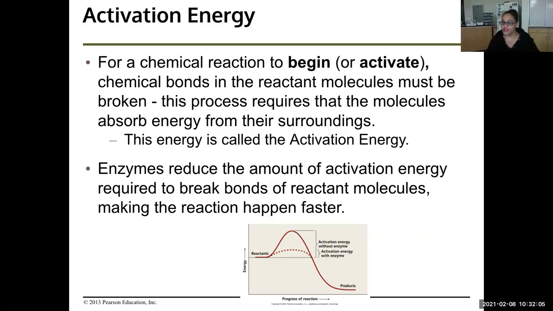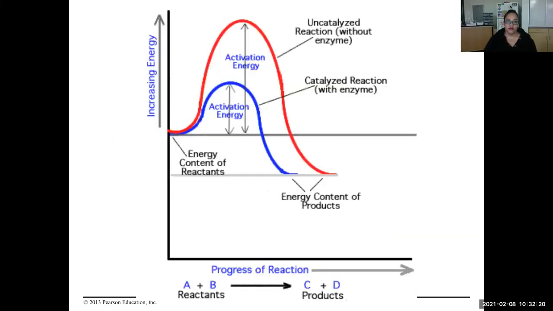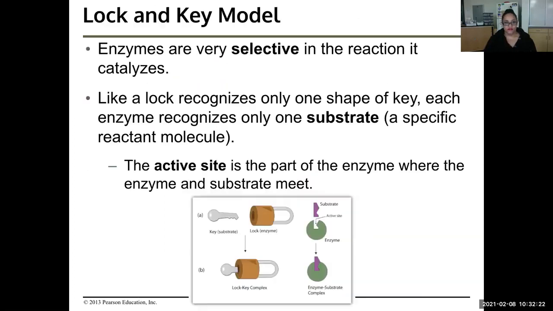So the enzymes lower the activation energy needed to start that chemical reaction, whatever the chemical reaction is. There's thousands of them that go on in our bodies. So we just went over that.